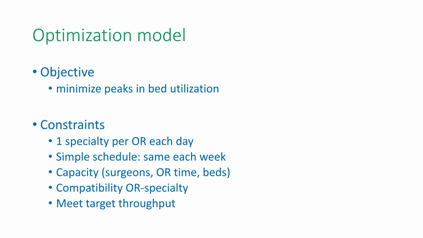And we had capacity constraints, such as surgeons cannot be working in 2 operating rooms at the same time. We have a number of beds available, so we have limited capacity, and operating room time is also a limited resource. And as I said before, some compatibility of OR and specialty. For example, you can't put a cardiac surgeon in a different room, so it has to be a certain room. And we had some target throughput that we like to satisfy.